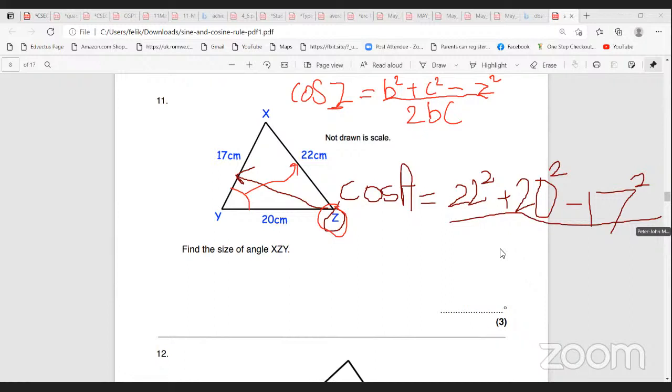Over 2. You're going to put a parentheses, right? Yes. 2, 22. Does it mean multiplication when there's a blank? Right.